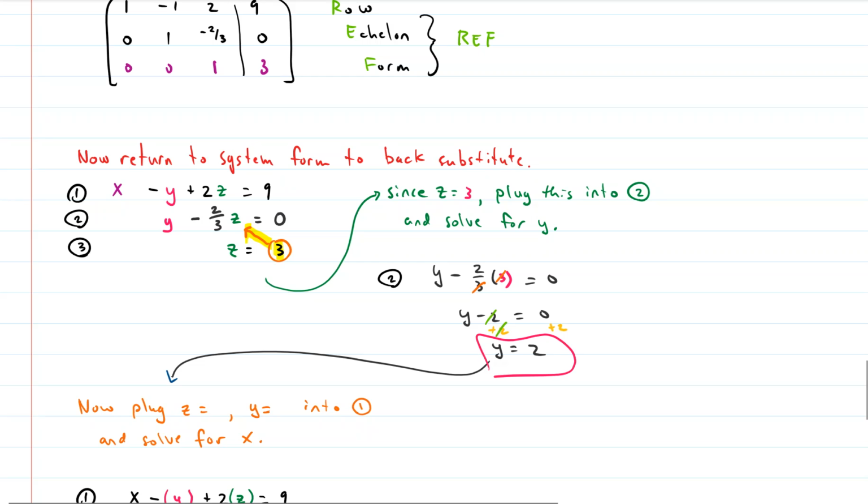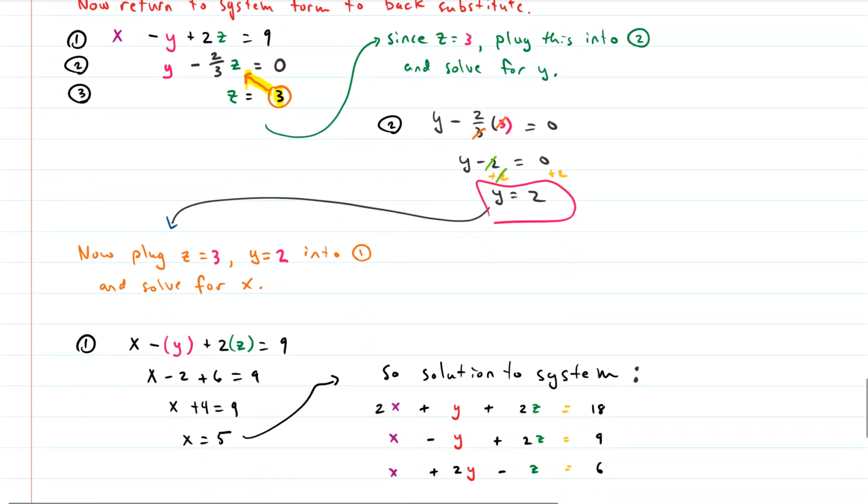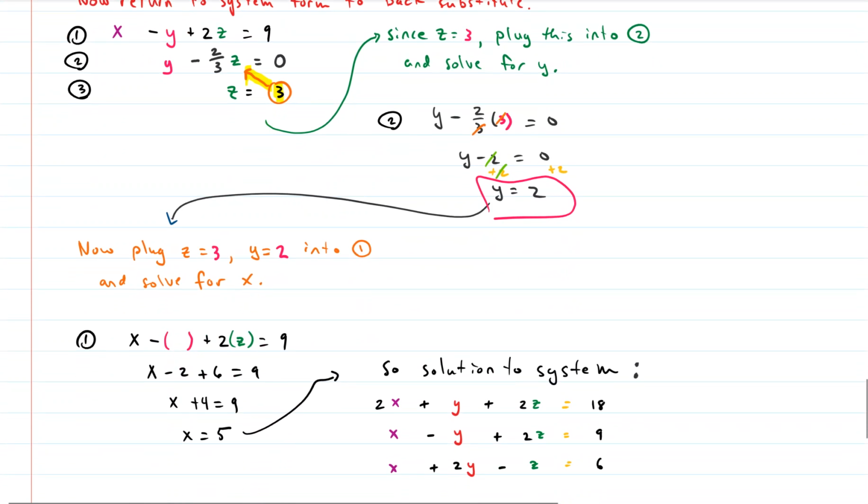Now we have one more. We have z equals 3, y equals 2, and we put both of those back into equation 1. So instead of y there, we're going to have 2, and instead of z, we're going to have 3. I accidentally put the z in for y earlier; I really meant 2 for y.